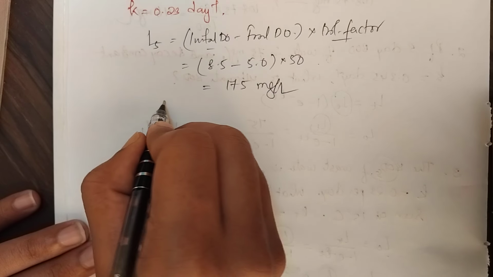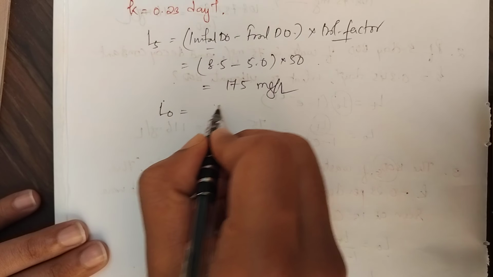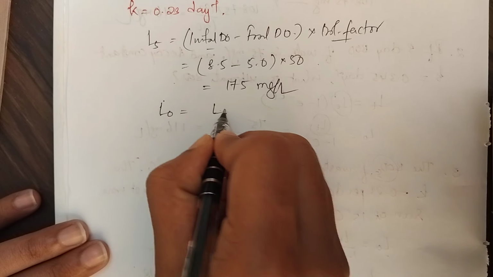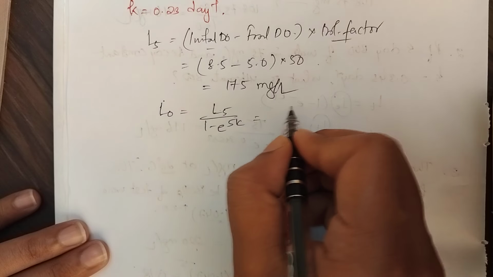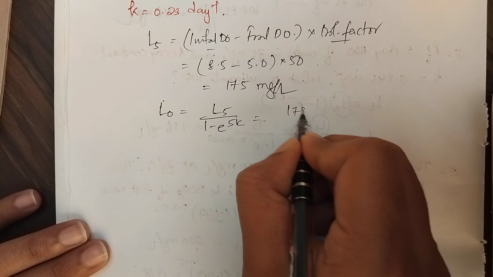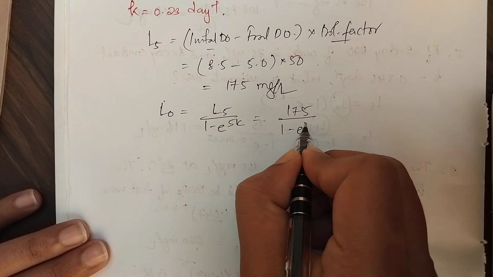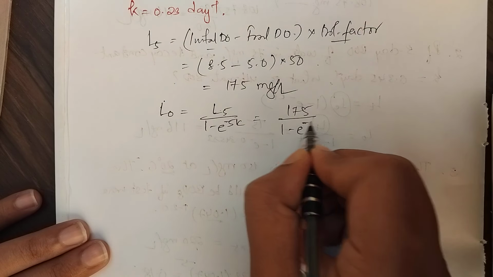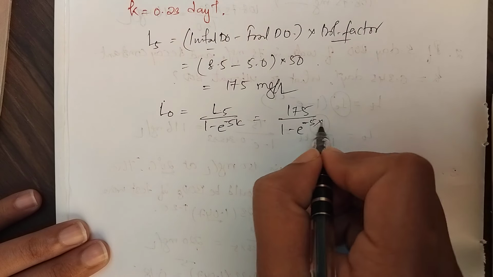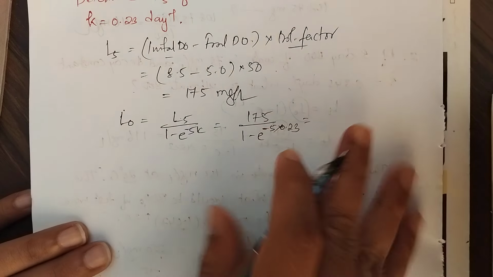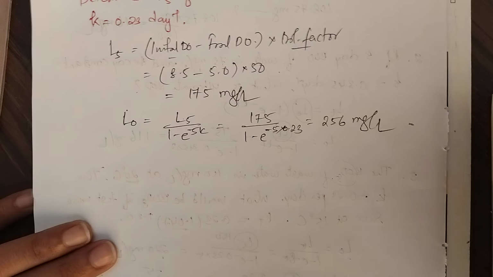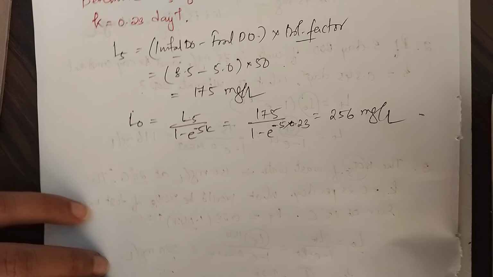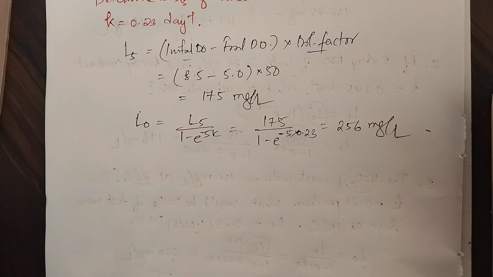Then L0 would be L5 by 1 minus e power minus 5k. So that is L5, 175 divided by 1 minus e power minus 5 into k value 0.23. So this is 256 milligram per liter. So that's it, the numerical problems 3. I will discuss the next set in the next video.